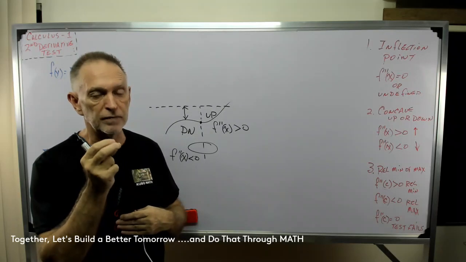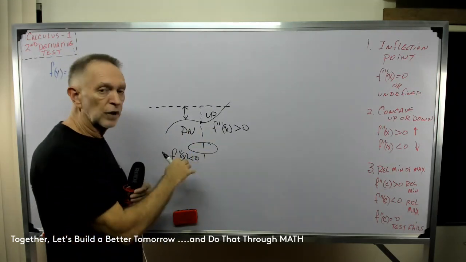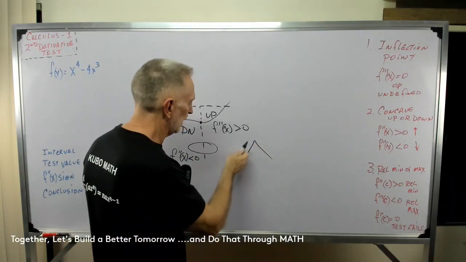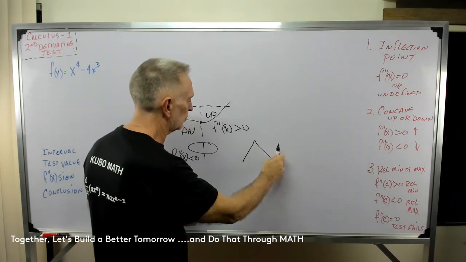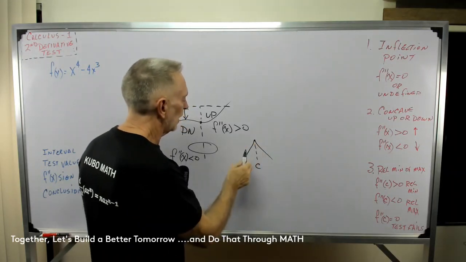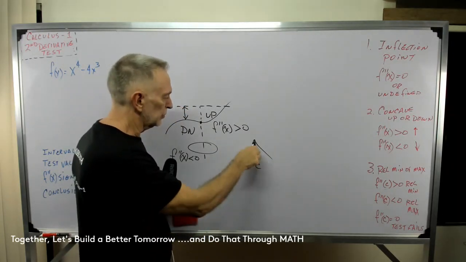Very similar to the first derivative test, where we set it equal to 0, found a critical value that solved it, and then we could look just to the left and right of each of those critical values to see if the function was increasing or decreasing on each side of that critical value c. If that's the case, I had a relative maximum when x equals c.